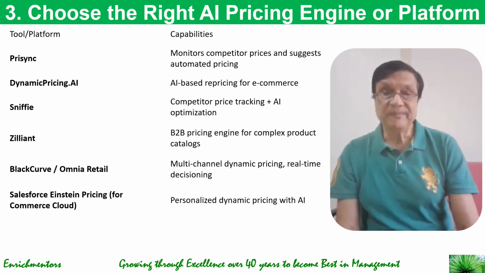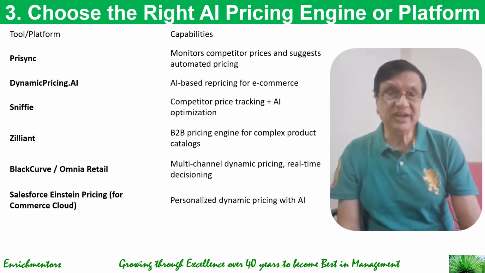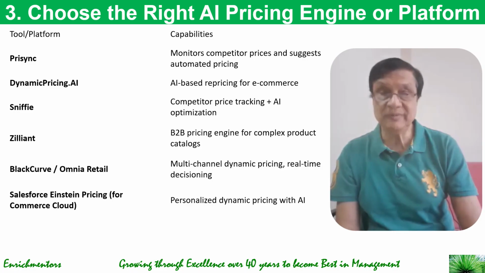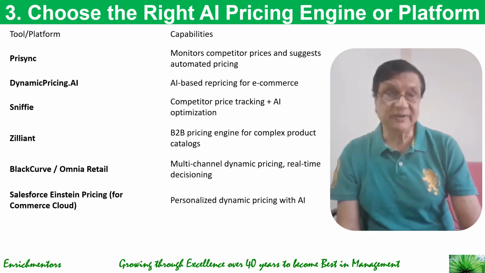Then there's Sniffie, which can do competitor price tracking and AI optimization. Then there is a platform called Zilliant that can do B2B pricing for complex product catalogs. Then there are Omnia Retail and Blackcurve, which offer multi-channel dynamic pricing and real-time decision making.